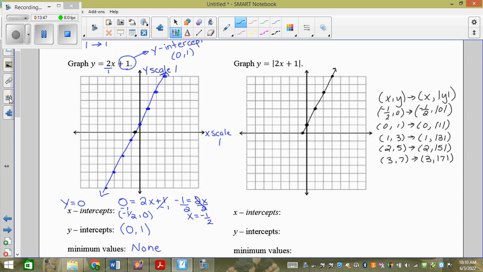So let's try those ones out. So we have negative 1, negative 1. It's going to become negative 1 and the absolute value of negative 1. So that becomes negative 1, 1. We agree?